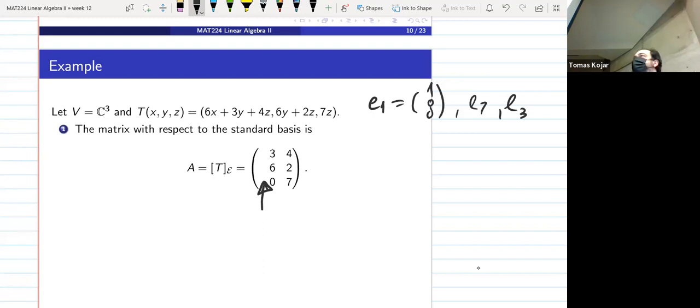Yeah, but not E1. So T of E1 is equal to 6, 0, 0. So you just put 6 E1, so you put a 6.